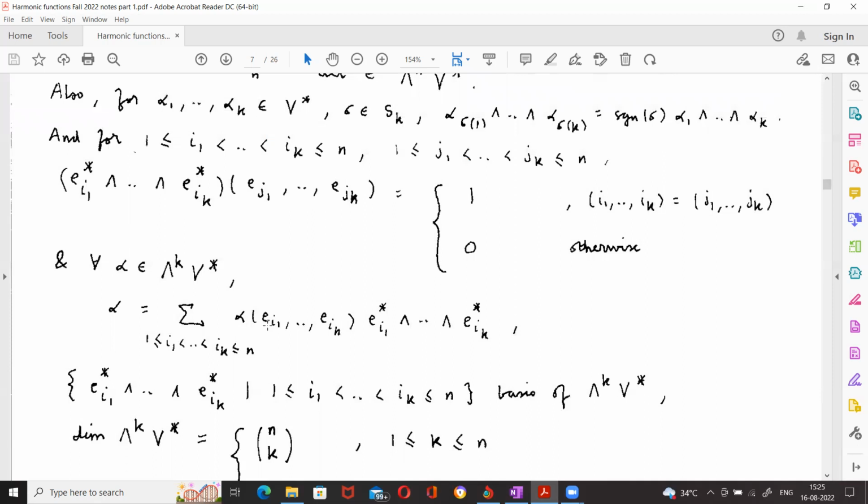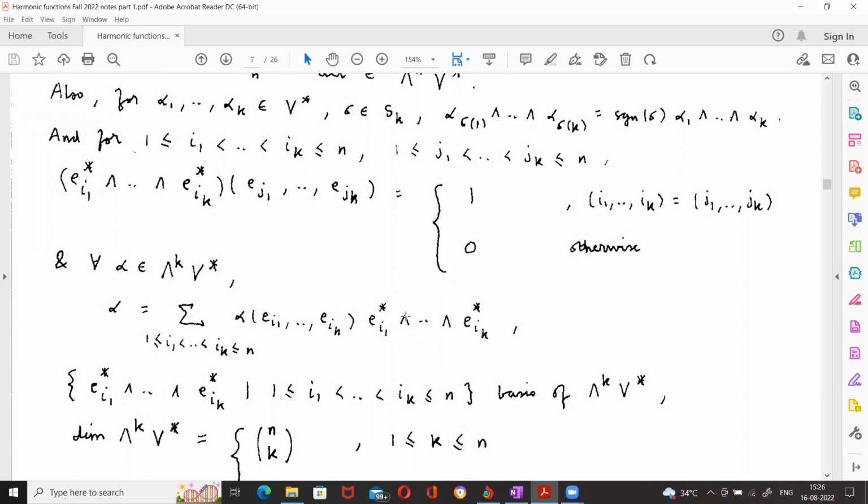Okay? And so if I take a k-tuple e_j1 to e_jk and apply both sides to it, then on the left-hand side, I'll get alpha of e_j1 to e_jk. On the right-hand side also, by this property above, all the terms when I sum over i1 to ik will be 0, except when i1 to ik is equal to j1 to jk.